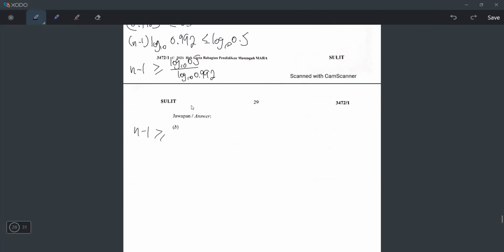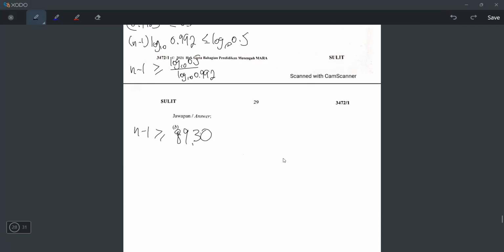So n minus 1 bigger than or equal to log 10 0.5 divide log 10 0.992. Wait.